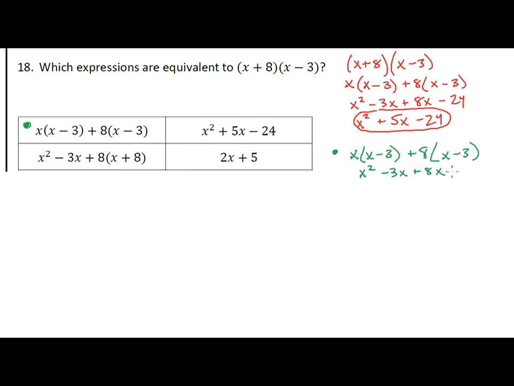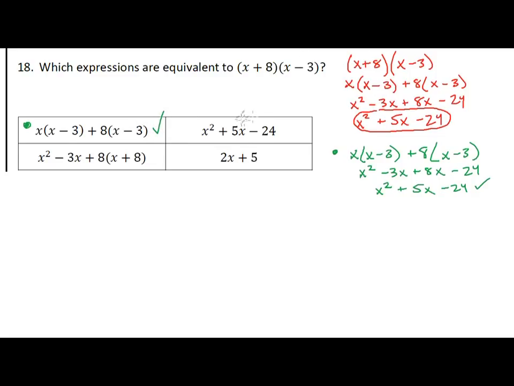And 8 times negative 3 is negative 24. We can already see, class, this is looking just like our previous work. But let's finish it up. We've got x squared. Our middle terms are like terms, so negative 3 plus 8 is positive 5x, minus 24. And you can see that is definitely equivalent, the same as our original question. So this one is good.